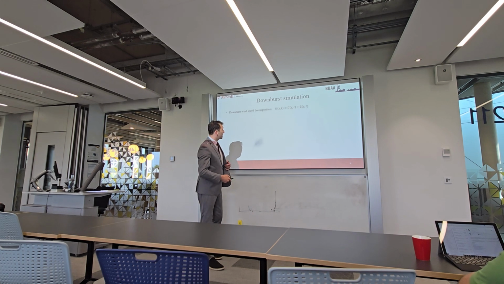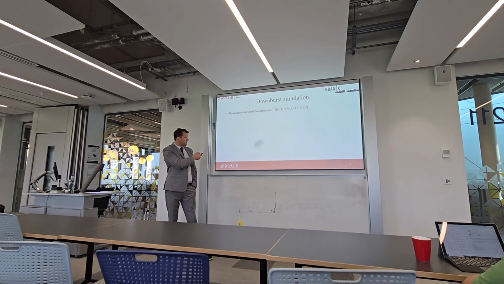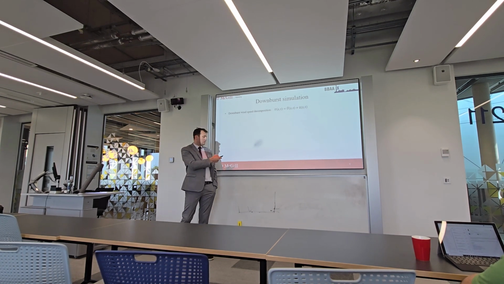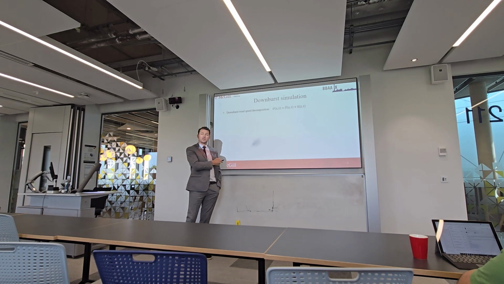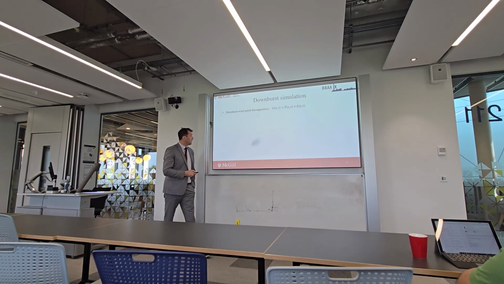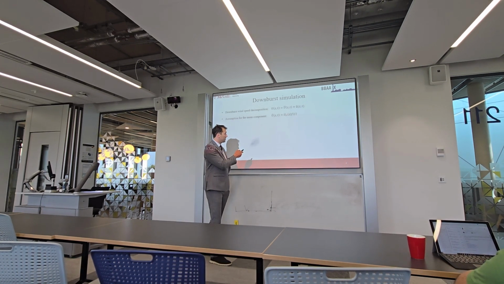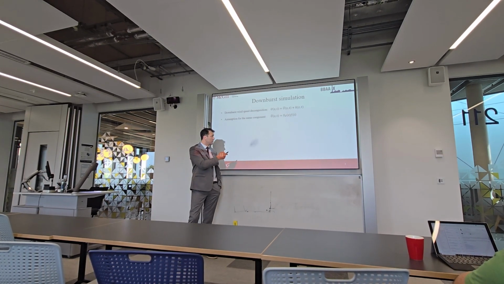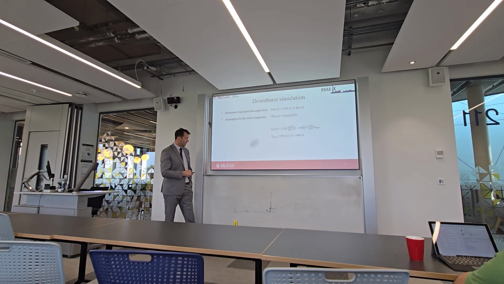Now, we stochastically simulated downburst time series. Downburst wind speed can be clearly decomposed as the mean, which is a function of height and time, and turbulence fluctuations. The mean is decomposed as one function that is only a function of height and another function that is only a function of time, a classical method.